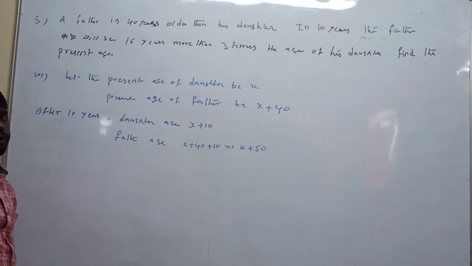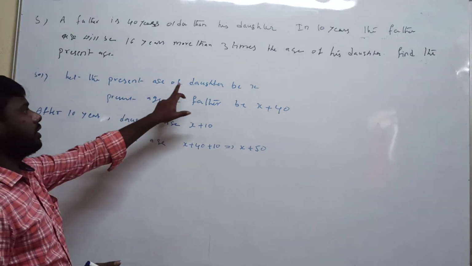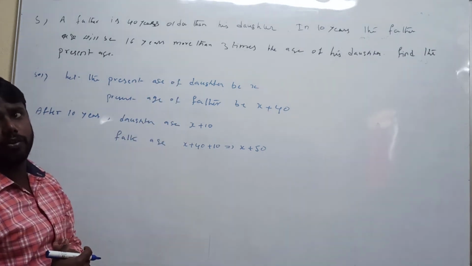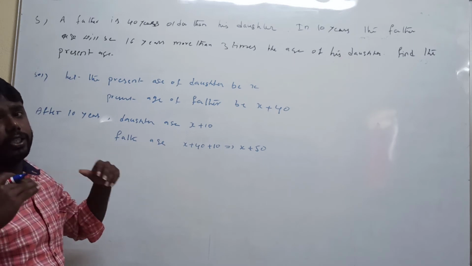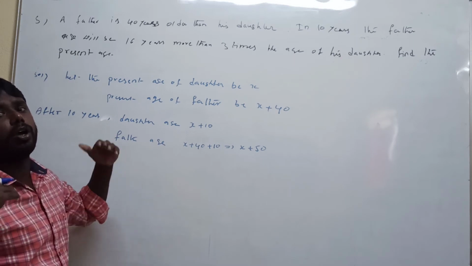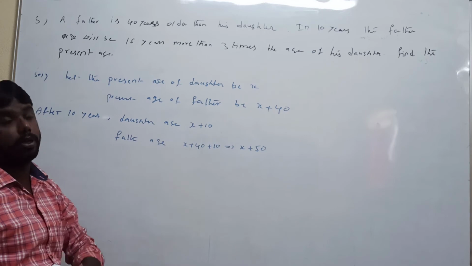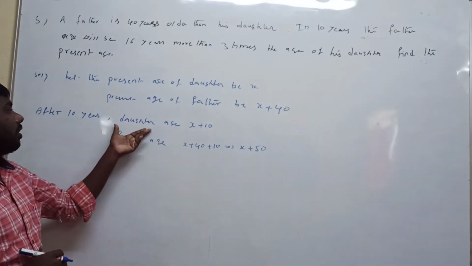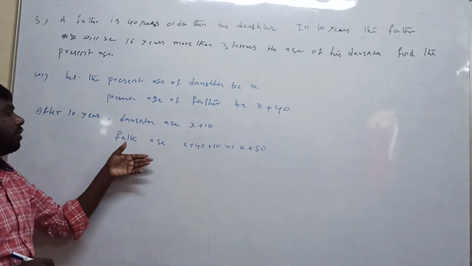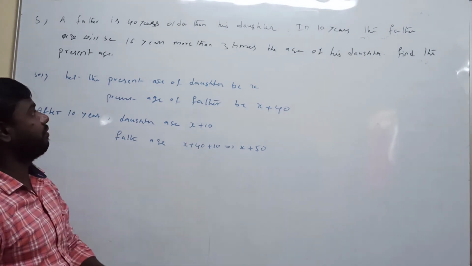According to the given question, a father age is 40 years more than his daughter, means x plus 40. After 10 years, daughter age is x plus 10.